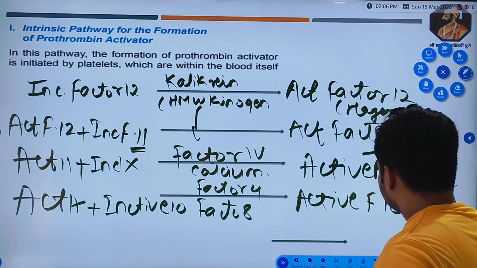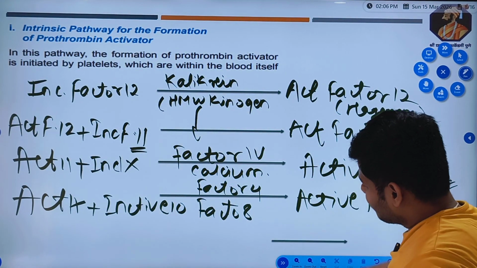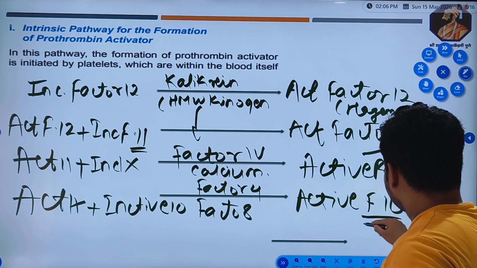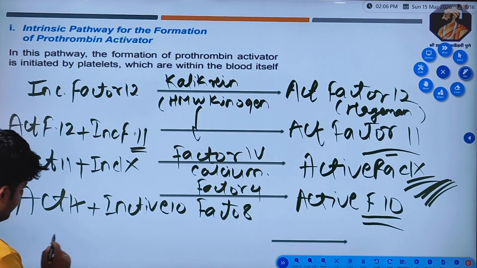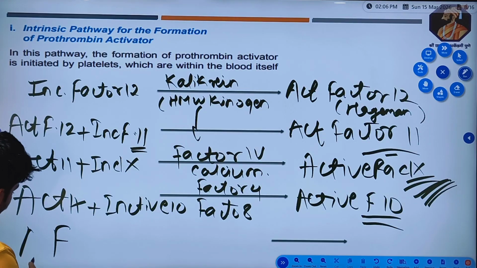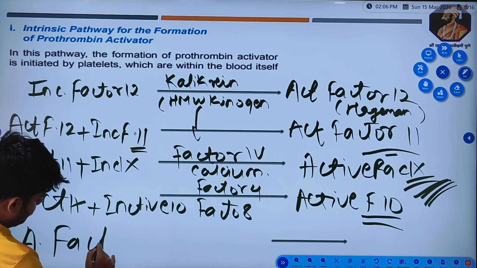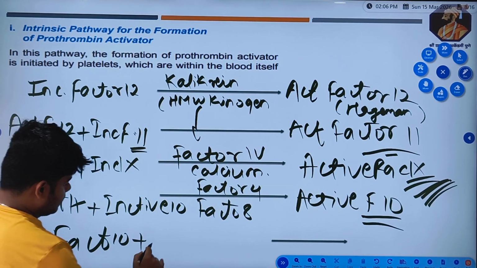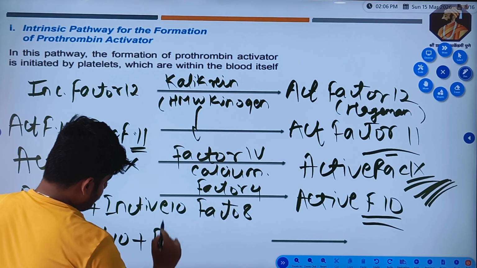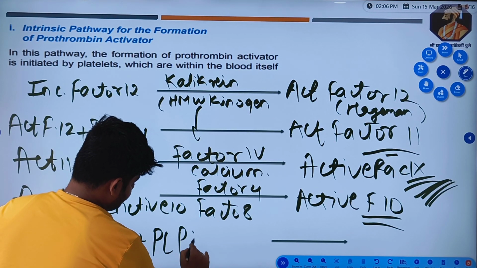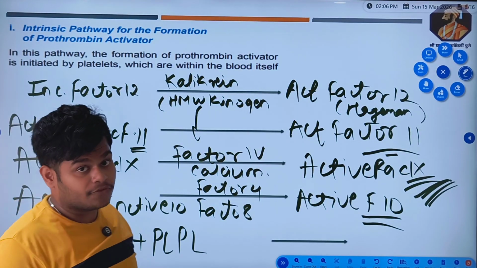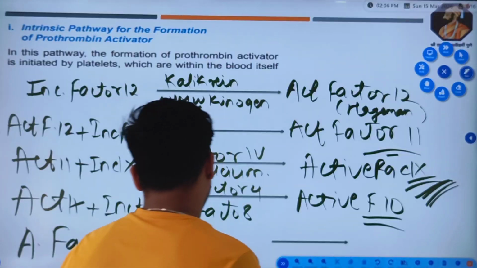Now what it does is, this factor 8 converts factor 10 into active form. Now what happens is, this active factor 10 plus platelet phospholipids, present on the surface of platelets.